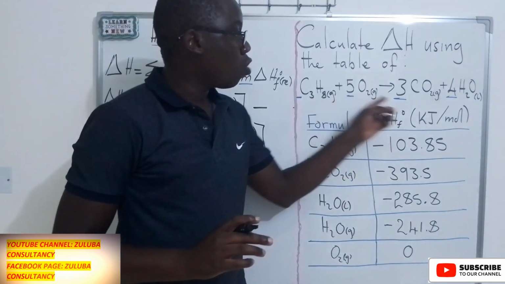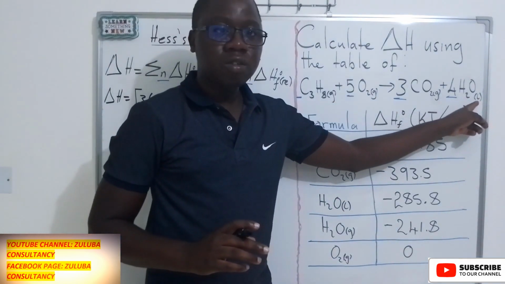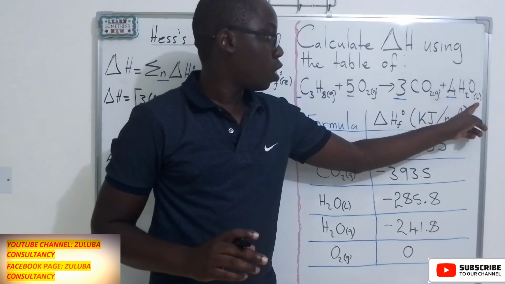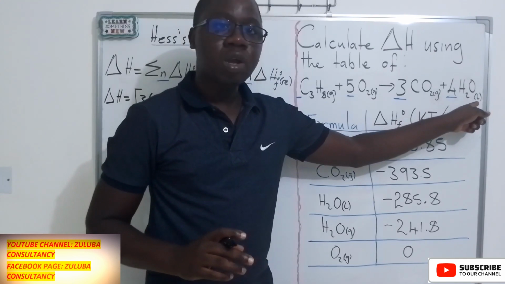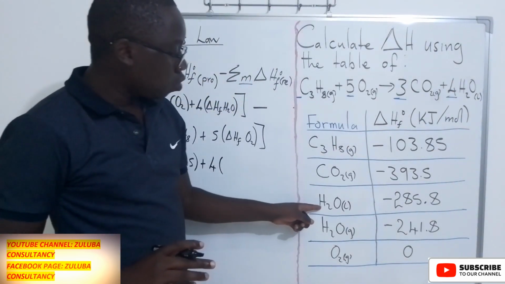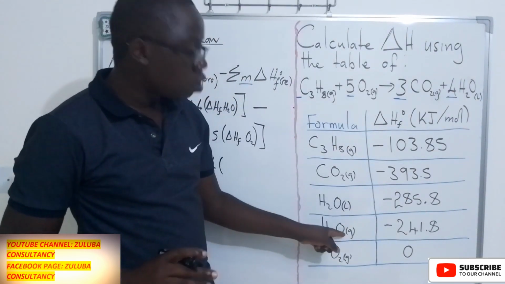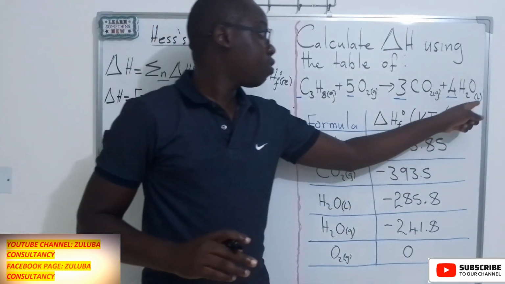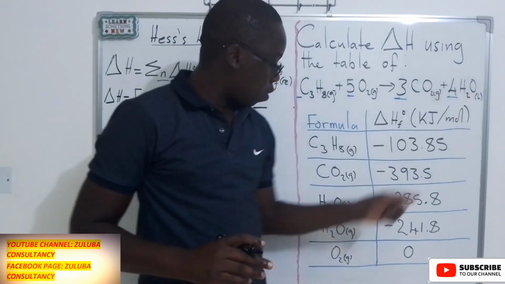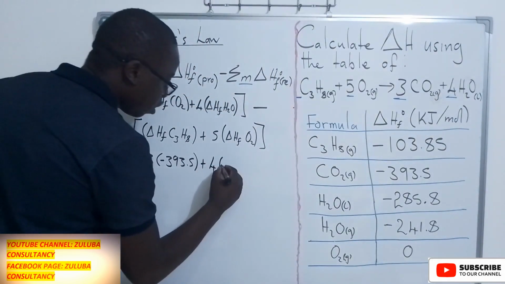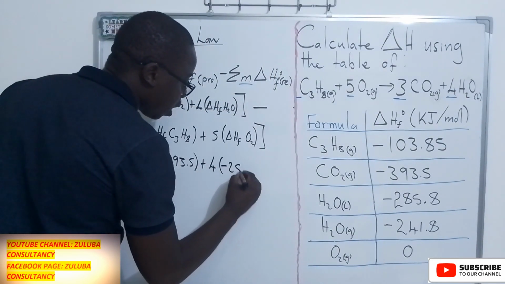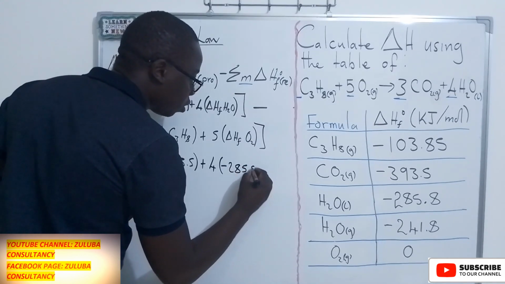You look at the equation and notice the state symbol on the equation. The water in the equation has the state symbol showing liquid. So we'll use the one which has liquid, not the one with the gas. Unless the state symbol was gas, we would have used the other one. So we'll go for the one which has liquid, which is negative 285.8.